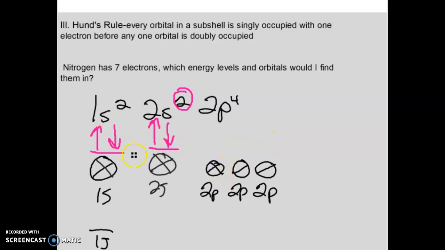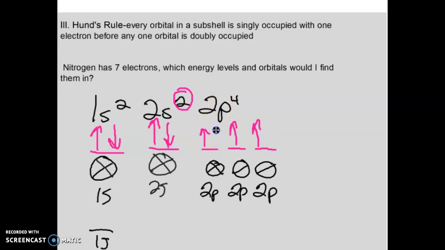Anyway, here's where Hund's rule comes in, and I think you're all experts at this already. We really did talk about it, but I just didn't have you write those rules down. We said 1 electron in each one of these. Here's 2 electrons in the 2p sublevel, 3 electrons in the 2p sublevel, but nitrogen has 4.